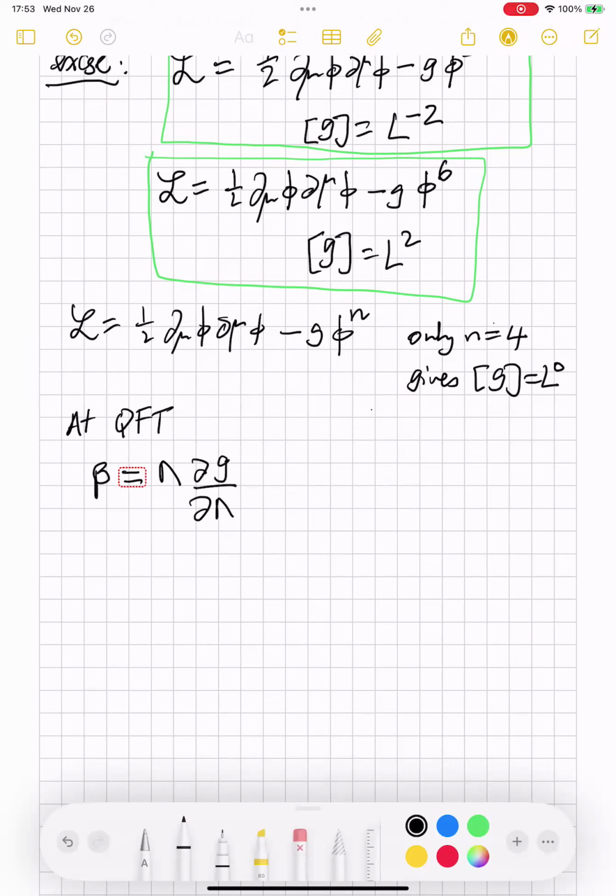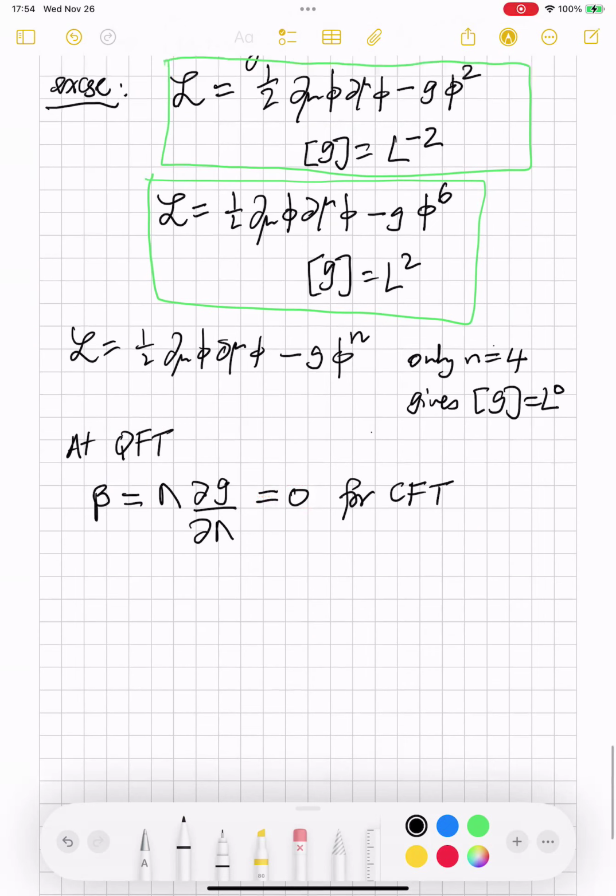And this told us how the coupling runs with energy scale. You might remember that the beta function tells us about running couplings, and all of the parameters in our theory actually run with scale. If you really want scale invariance, then all of the beta functions have to be equal to 0. This is the condition for scale invariance, and of course, that means also for a conformal field theory.